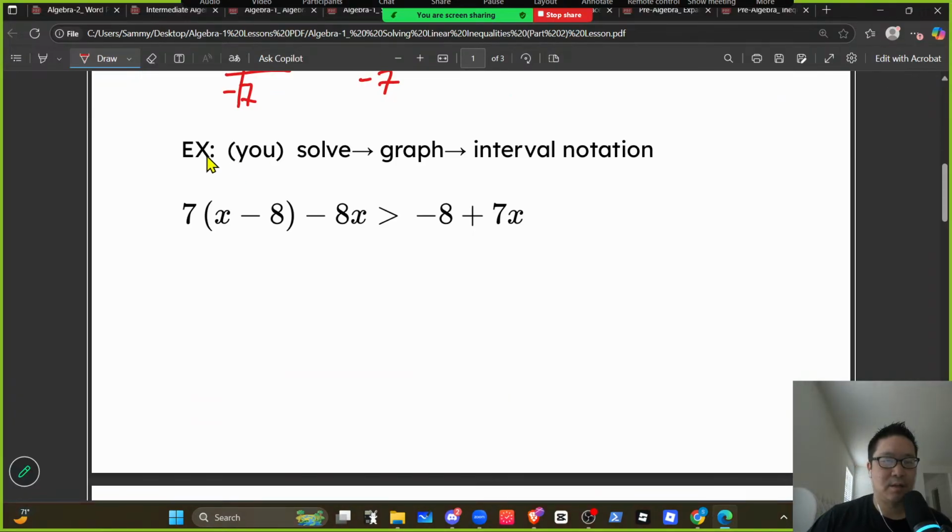This says 7 times the quantity of x minus 8 minus 8x is greater than negative 8 plus 7x.